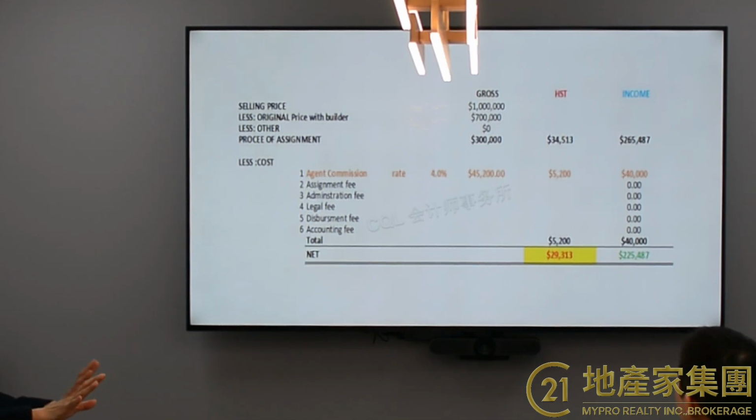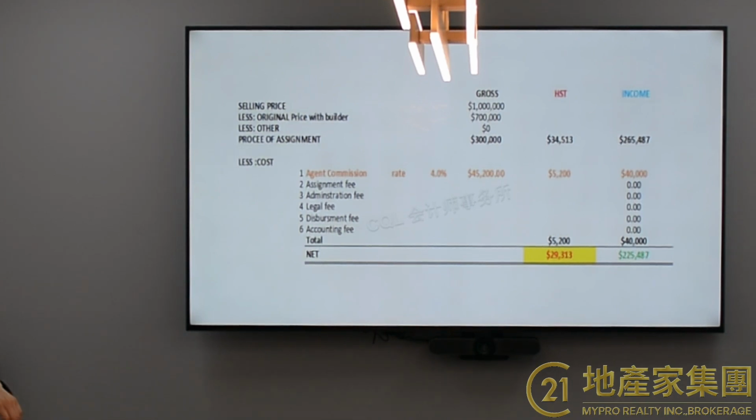The part of 13 is the HST part, and the part of 100 is income. So we need to divide. It's not as simple as most people think, that HST is 13% of 300K. It's not, okay? You need to divide, because the 300K includes the HST.